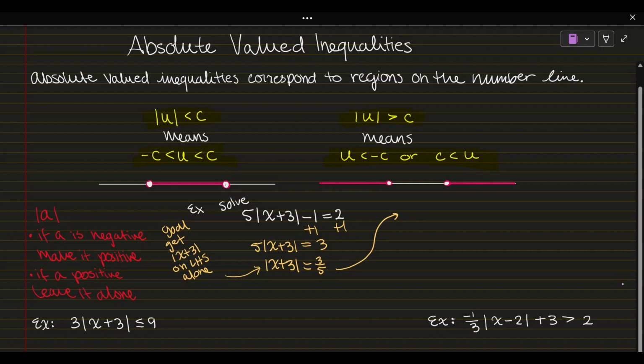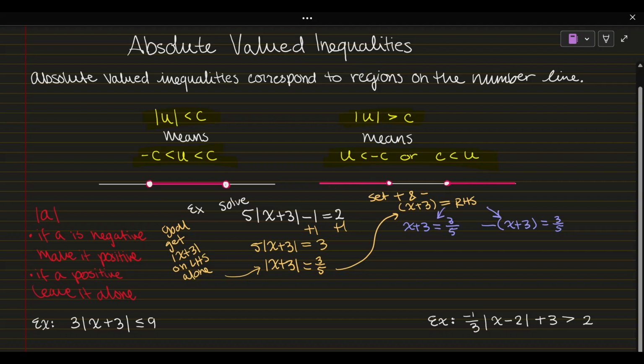So I set positive and negative, whatever's in the absolute value, so in this case x plus 3, equal to the right-hand side. What I mean by that is I have x plus 3 equals 3 over 5, and negative x plus 3 equals 3 over 5. And these will both be solutions to the equation. So I do positive and negative separately.